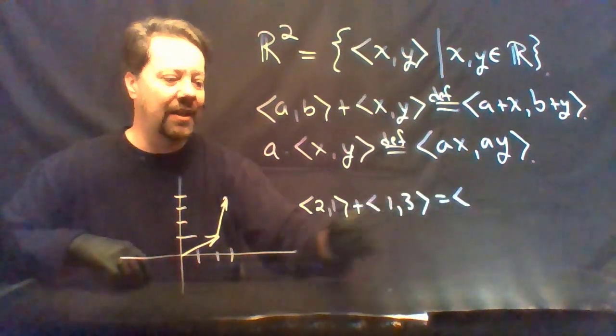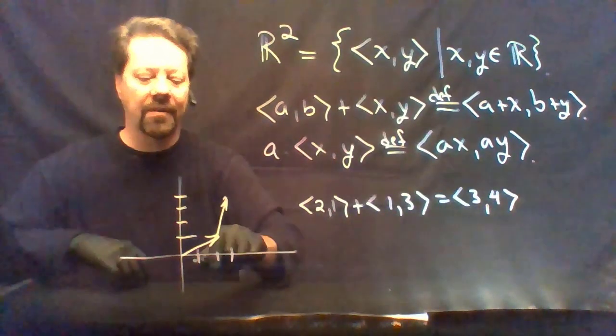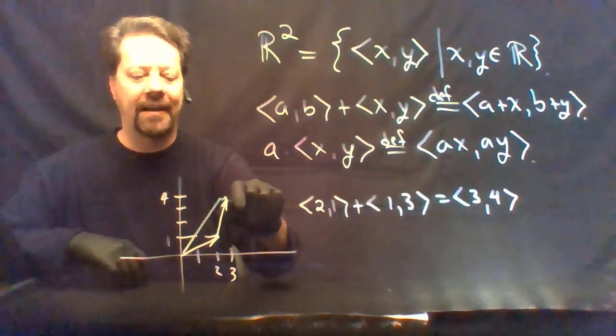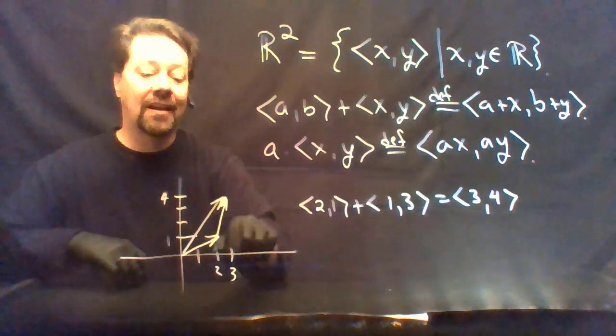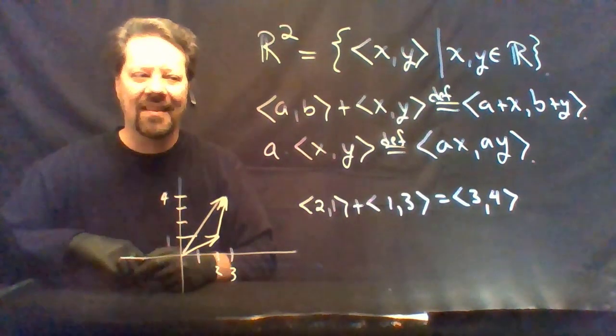According to my definition, I should get the vector <3, 4>. And in fact, drawing in that remaining side of the triangle, I do in fact get the vector <3, 4>.